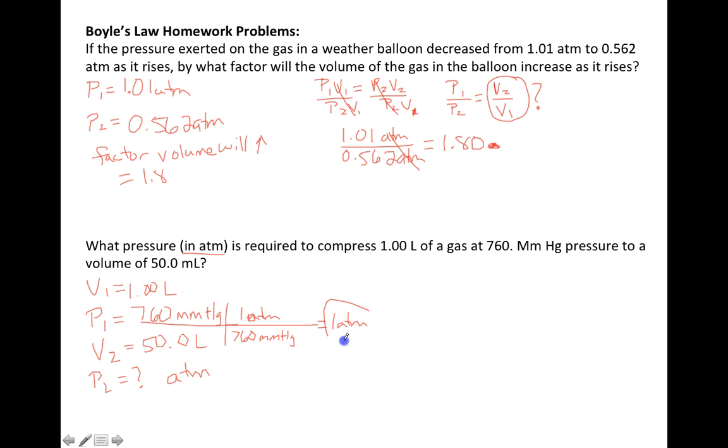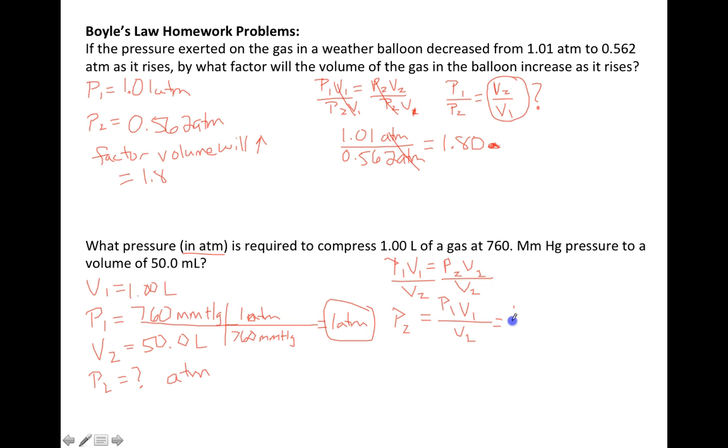This is the value that I'm going to be using for P1 so that I can get an answer in atmospheres for P2. Okay, formula. P1 times V1 is equal to P2 times V2. This time I'm looking for P2, so I'm going to divide by V2, and if I do it to one side, I have to do it to the other side. That means P2 is equal to P1 times V1 divided by V2. And I just plug my variables in.